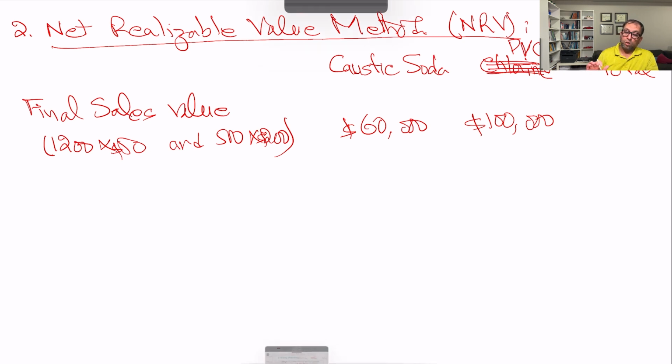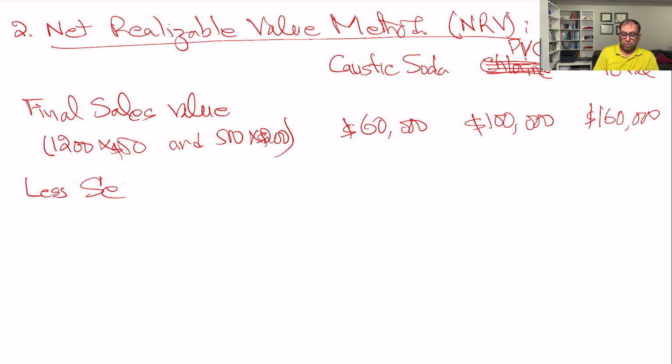So PVC, then it comes to $160,000 the total, and now we have to subtract the separable cost. There is no separable cost for caustic soda, but here it is 20,000.